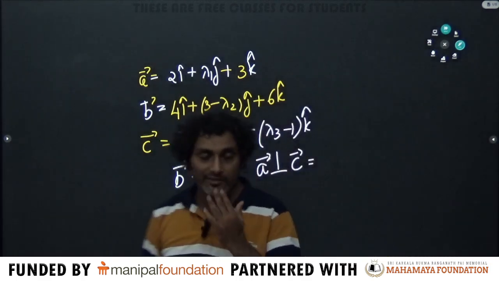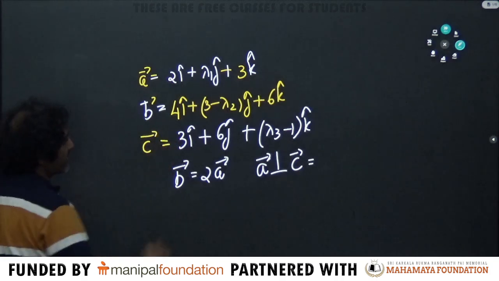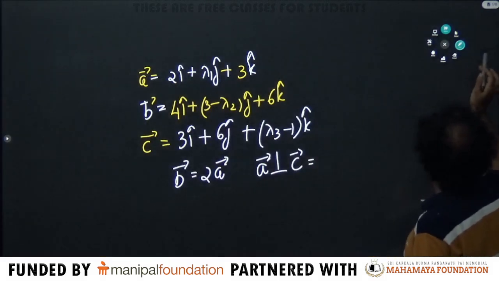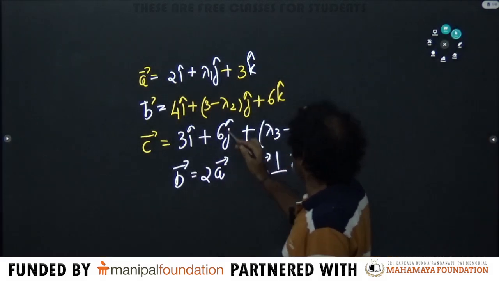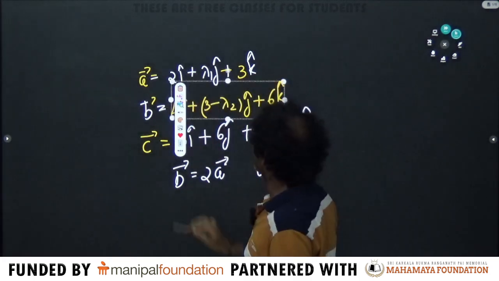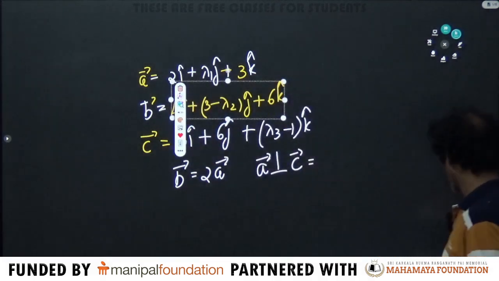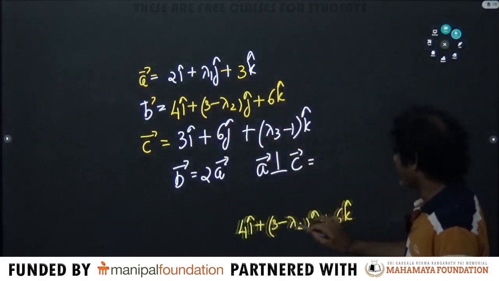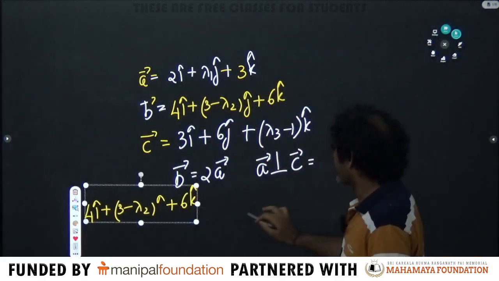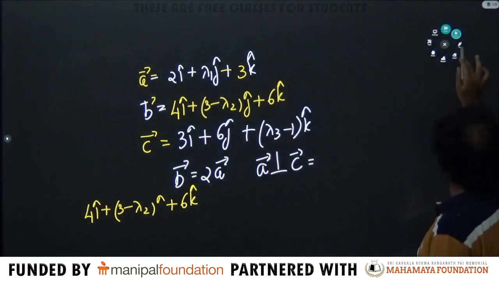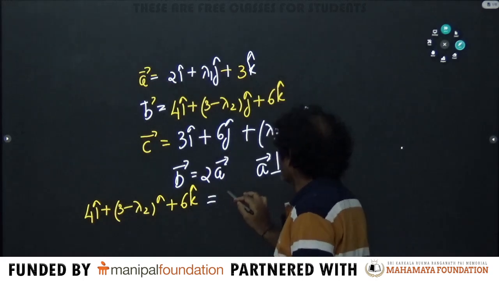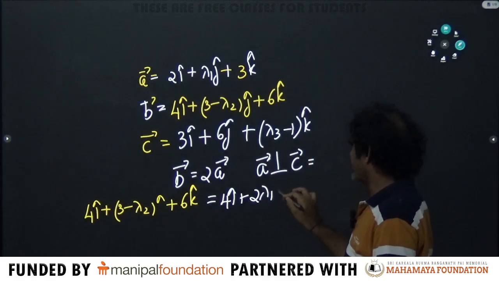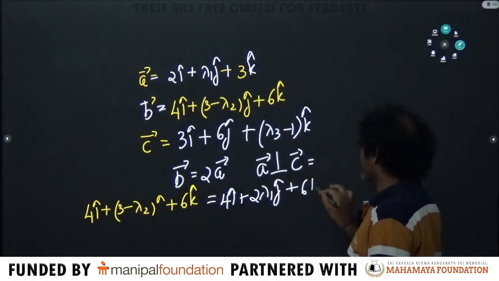This is the condition. So let's substitute as it is. This is equal to 2 times this. All agree with me? Taking relations is one relation. This I'll pick. So this one is B equals 2 times A. That I need to do. 2 times A means double of this. 4i cap plus 2 lambda 1 j cap plus 6k cap.